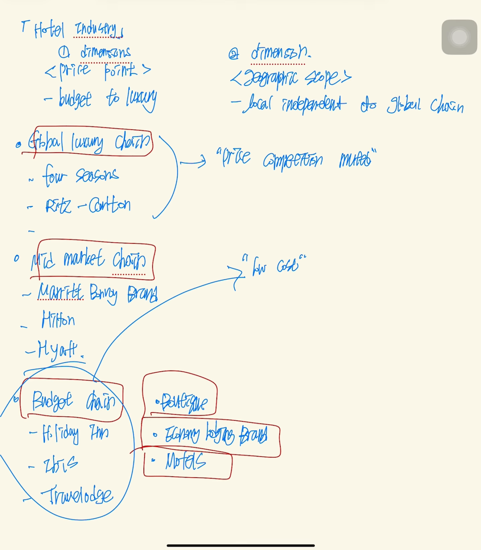And boutique independents compete on unique character, local authenticity, and differentiated experience. So they attract customers who specifically do not want the standardized chain experience, right?